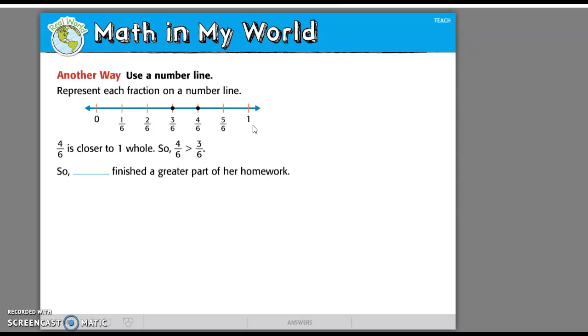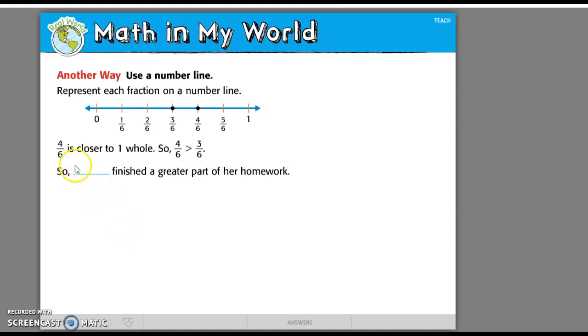We put a dot at 3/6 to represent AJ's amount, and a dot at 4/6 to represent Yuki's amount. 4/6 is closer to the one whole. You can see here. So 4/6 is greater than 3/6.